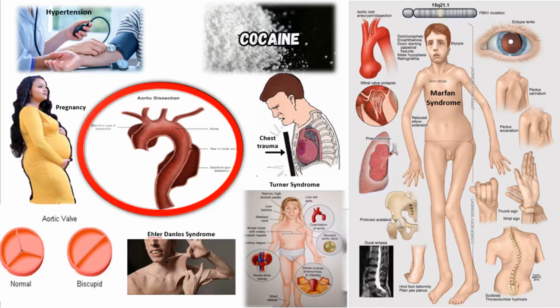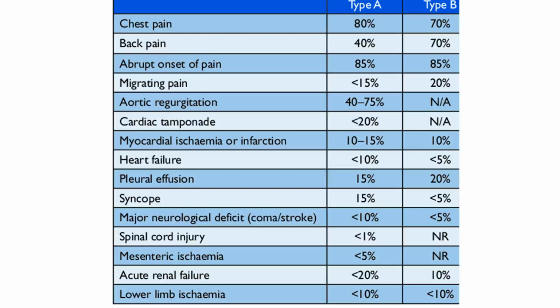The other high-risk conditions associated with acute aortic dissection are recent aortic surgery, aortic coarctation, bicuspid valve, Turner syndrome, underlying atherosclerosis, and vasculitic disorders. The clinical pictures of aortic dissection are caused by various mechanisms. The first mechanism is dynamic obstruction of the true lumen by the false lumen.